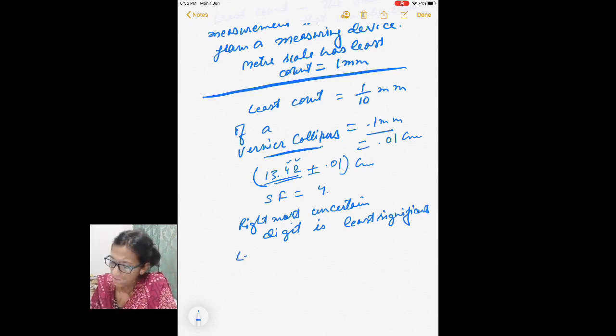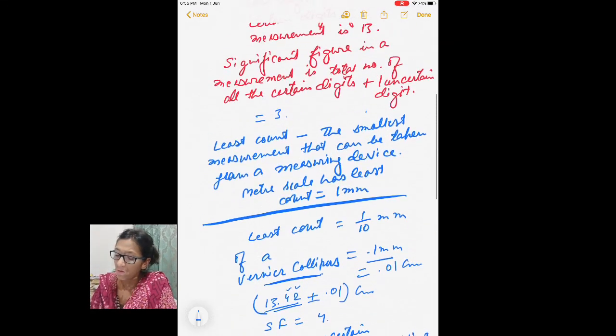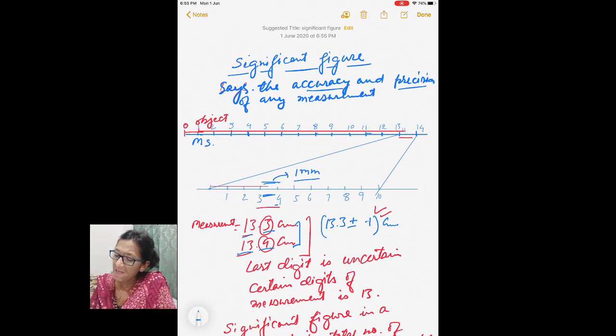And the leftmost digit in a measurement is most significant. So significant figure is a very essential thing that says about the accuracy and precision of a measurement.